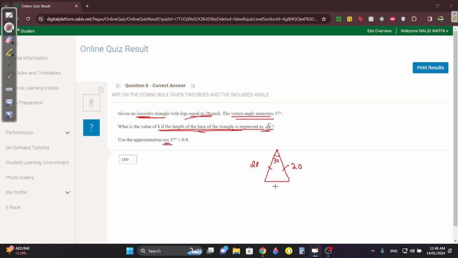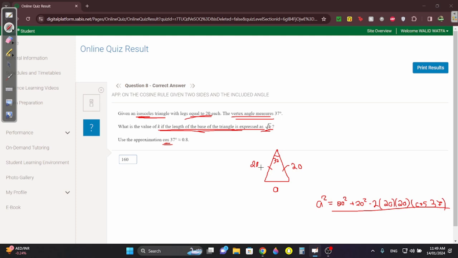Okay, they want the base. Let's call it a. How do we find a if we're using the cosine rule? We start with a squared equals the other two squared plus each other, 20 squared plus 20 squared, minus 2 times both of the sides, times cosine of the angle 37.